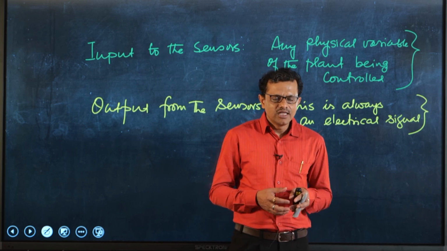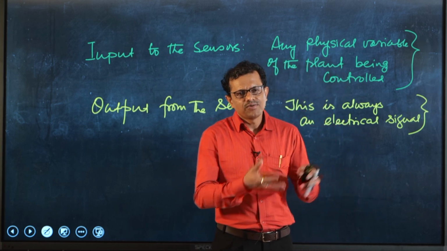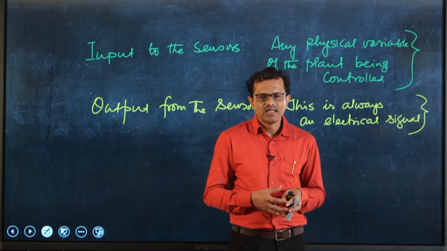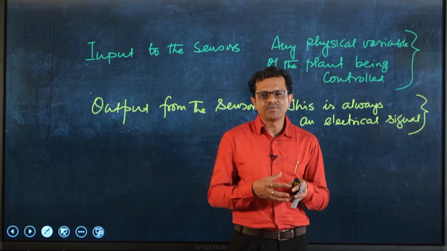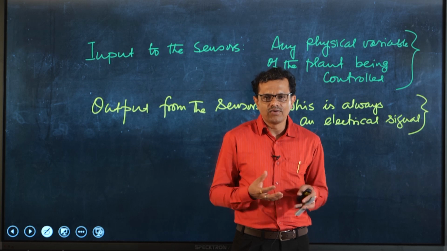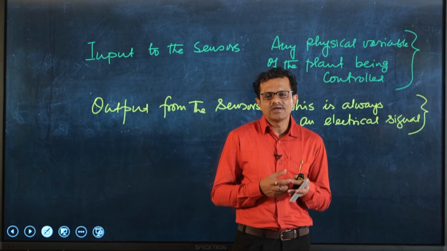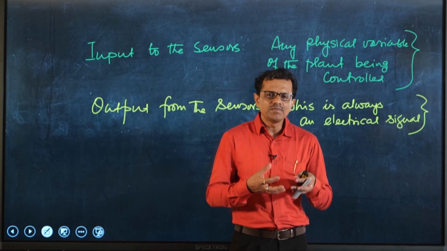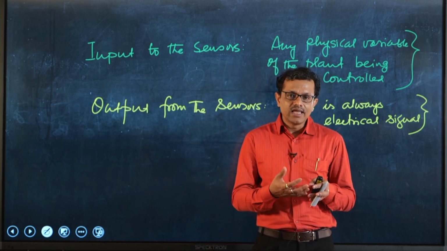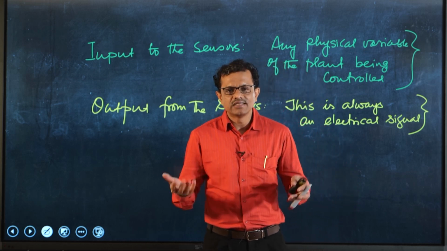Say for example, if we have a sensor integrated to the intake manifold, and the sensor is responsible to measure the pressure of air or incoming air, because we know without a pressure difference there cannot be any flow. So, at the inlet of intake manifold, if the sensor measures the pressure of the air, that pressure will change if the surrounding temperature or temperature of the ambience changes.